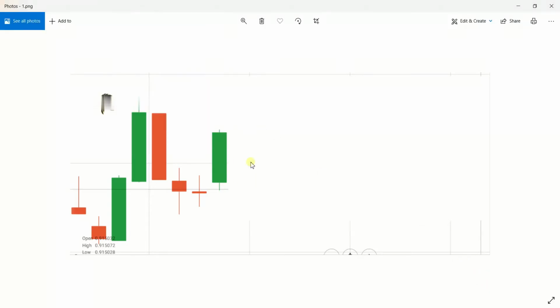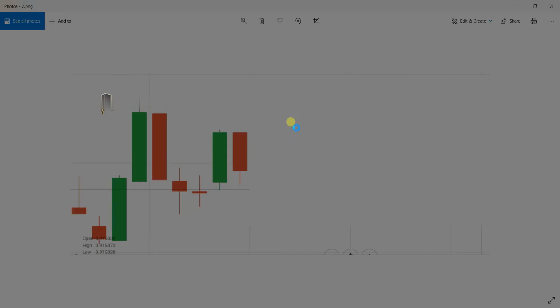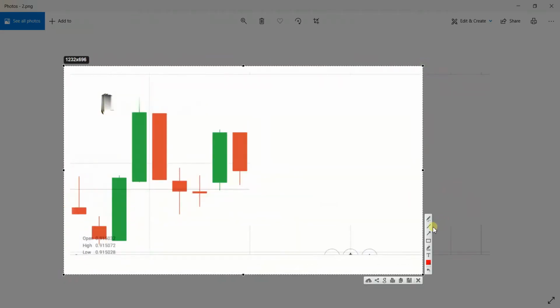So we cannot trade here because we don't have any confirmation about buyers or sellers, so we don't know what will happen. We need to wait and see how the next candle closes. Okay, so you can see there is a bearish candle. Now what is our level?